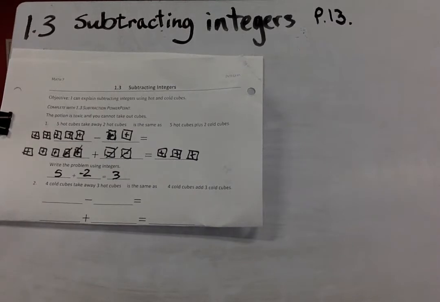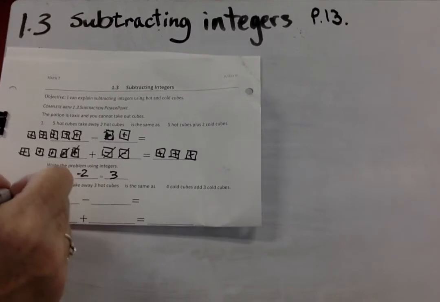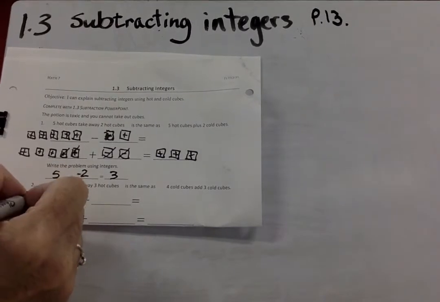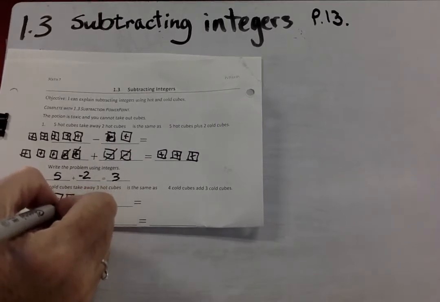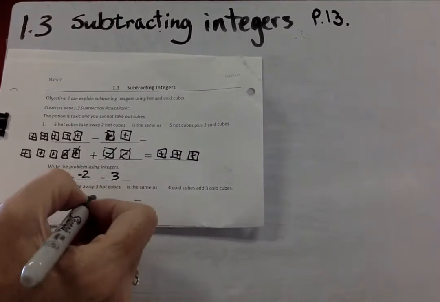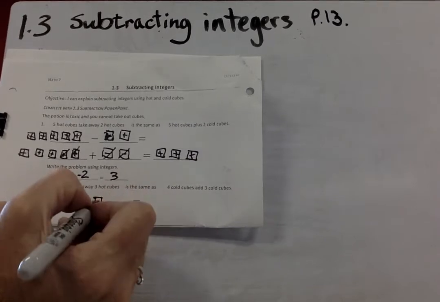Okay. 4 cold cubes take away 3 hot cubes. So we have 4 cold ones. Take away 3 hot cubes.